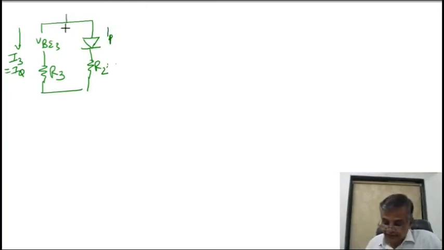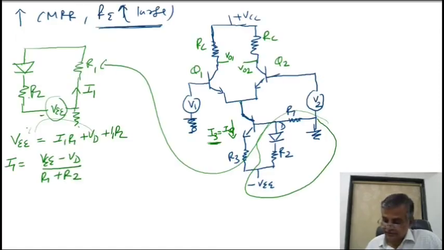So this is a parallel combination. This is VB3, this is your base, this is your emitter.